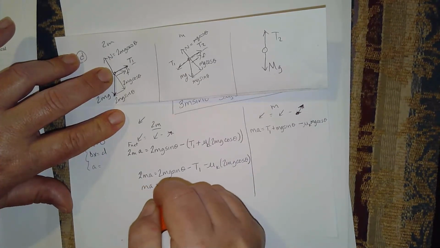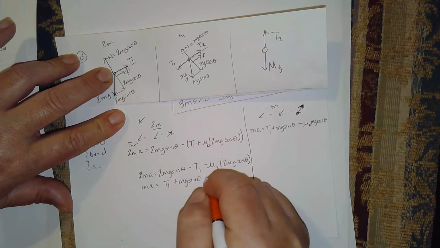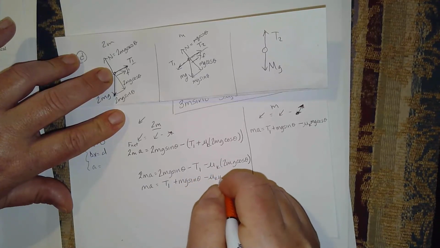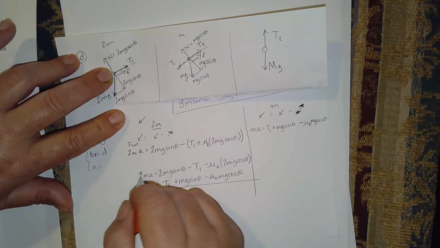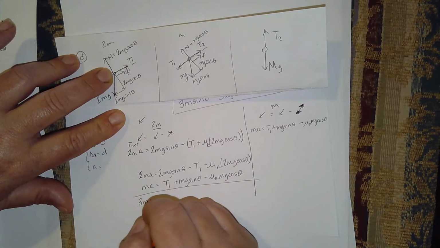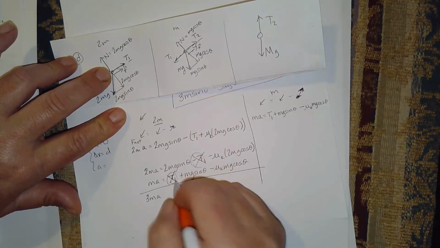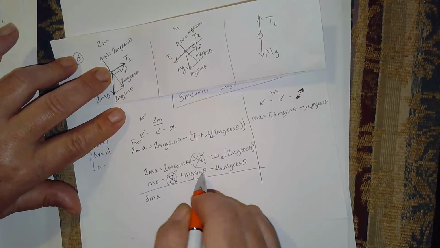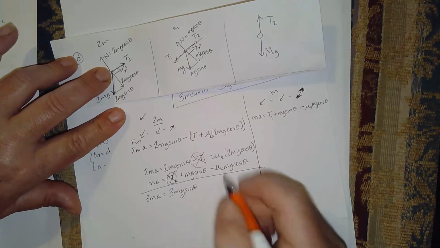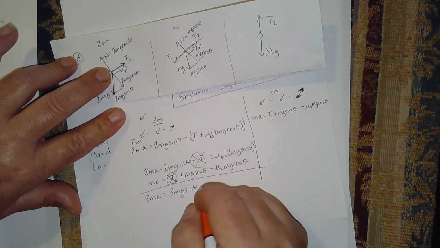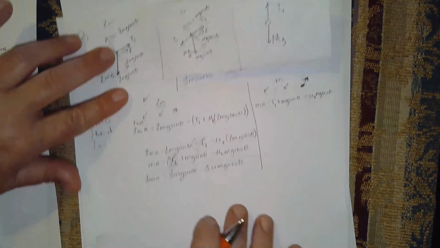So ma is equal to T1 plus mg sine theta minus mu k mg cosine theta. And then I'm going to add those. 2 plus 1 is 3. 3ma is equal to, I got a T1 and a minus T1, so that gets rid of those. 2mg sine theta and 1mg sine theta is 3mg sine theta. Minus 2 minus 1, so that's minus 3 mu k mg cosine theta.